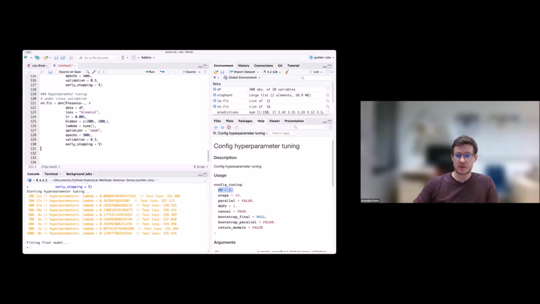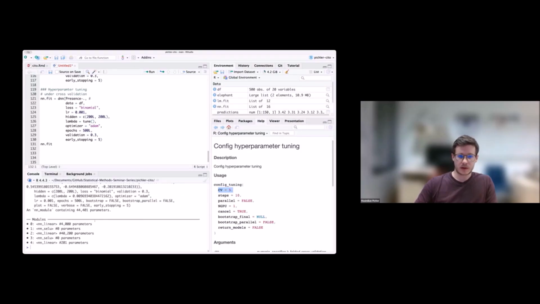And after the hyperparameter tuning and cross-validation, cito will pick the best set of hyperparameters. So here we see the lambda values that were tested together with the test loss from the cross-validation. And we see, for example, that this lambda value of 0.009 has the lowest test loss. So this is our final set of hyperparameters. And then cito will train the final model on the full data set using the best set of hyperparameters.